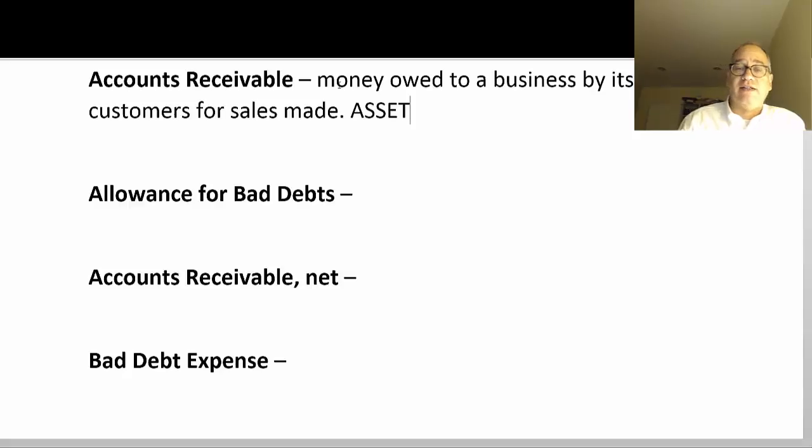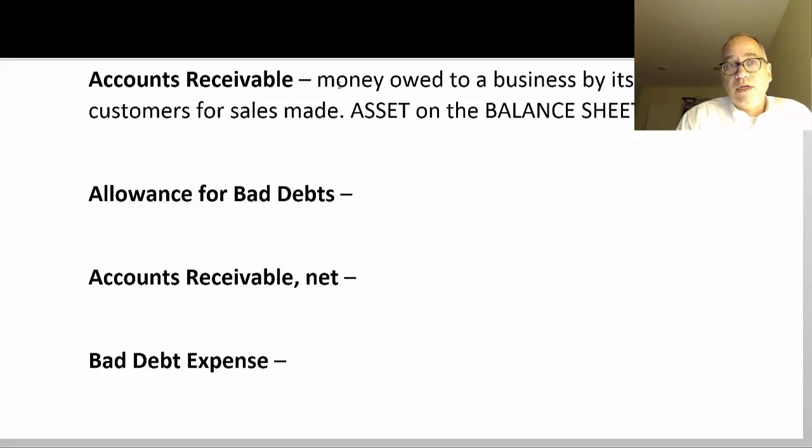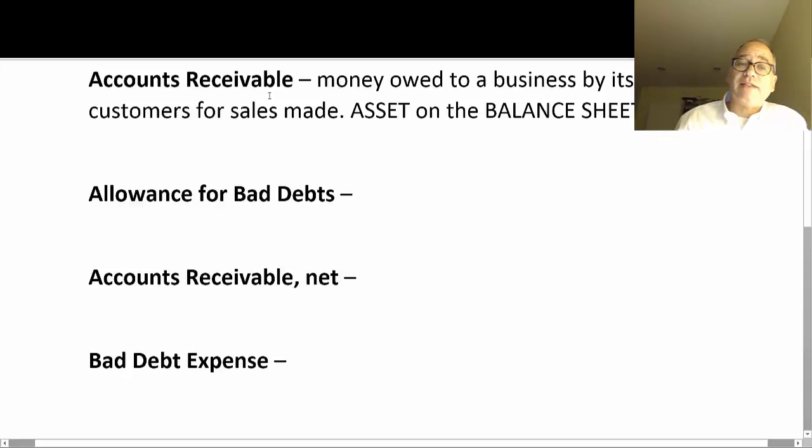Accounts receivable is an asset and it goes on the balance sheet because the company does expect to collect almost all of the money. Now, allowance for bad debts is money that a company expects not to collect.